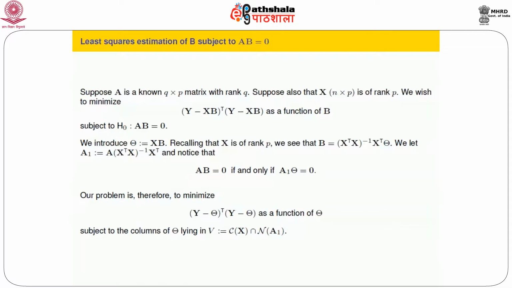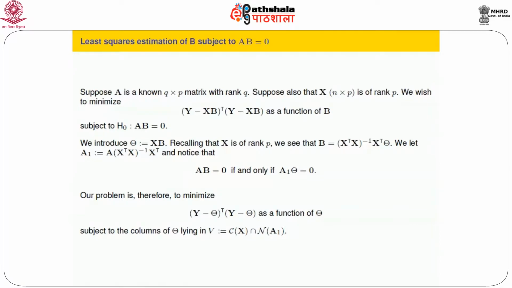Let us recall that this is exactly the same as the earlier calculation where we had PX Y here. In that case, we didn't have this additional part, namely the null space of A1; we only had PX Y. So PV represents the orthogonal projection onto V, and this last quantity we denote by theta hat H. Why H? Because H is an abbreviation for hypothesis.